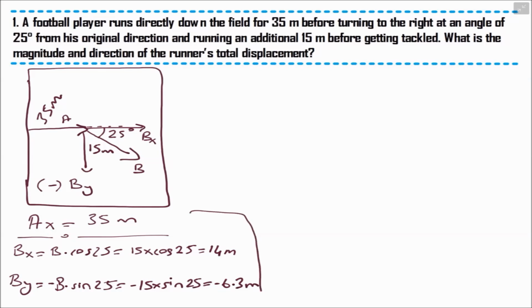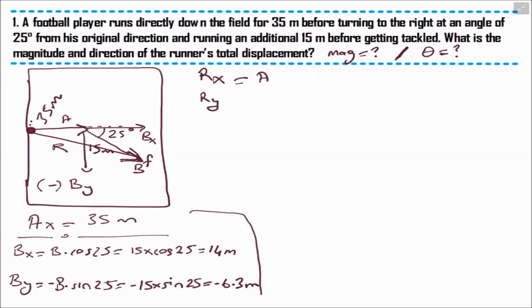These are the components. In the question it says what is the magnitude. That means we have to calculate the magnitude of the resultant vector. Then it says what's the direction, so we have to calculate the angle. Let's say the initial point is here and the final point here. Then this is our resultant vector. To calculate the resultant vector, we have to find its components, so we have to calculate Rx and Ry.